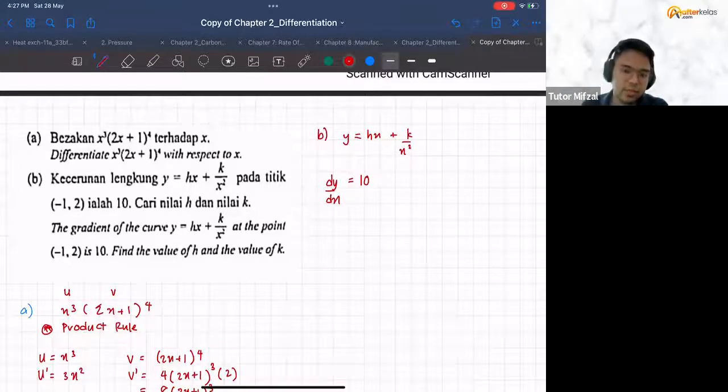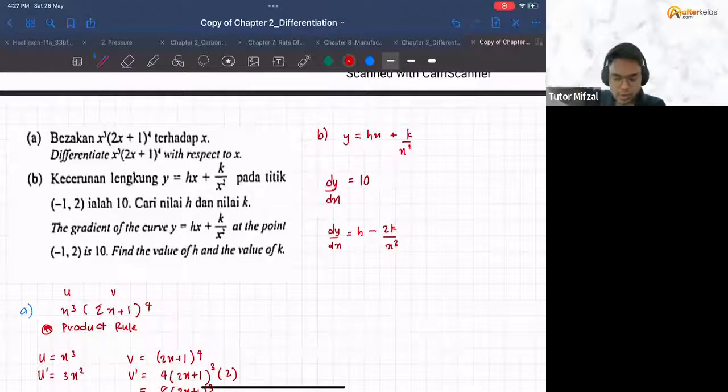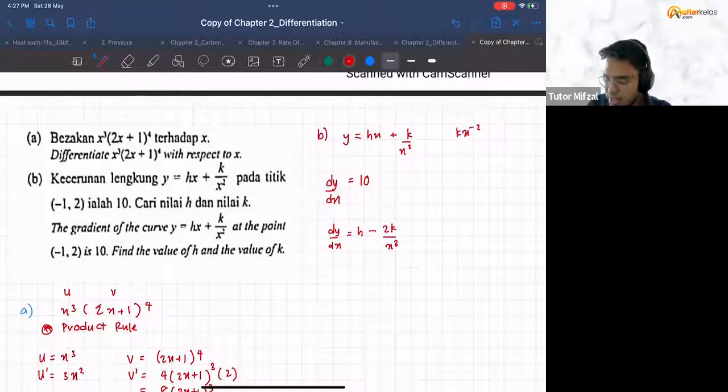So let's do that. dy over dx is equivalent to h minus 2k over x cubed. You do understand how we do this? k times x to the power of negative 2, bring negative 2 down, we get negative 2k x to the power of negative 3. So negative 2 minus 1, we get negative 3 for the final answer.